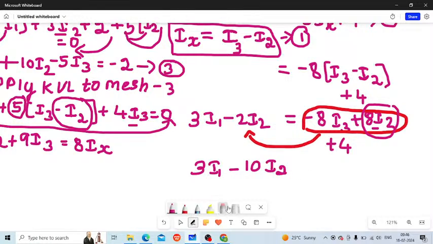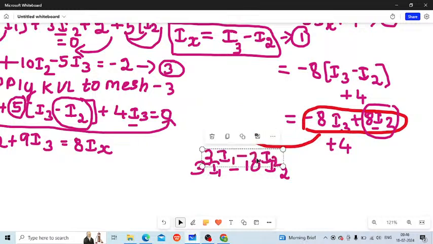Right? This is minus 2i2 and this is positive 8i2. This positive 8i2 we shift to the left hand side, we get minus 8i2, and minus 2i2 minus 8i2 is minus 10i2, right?